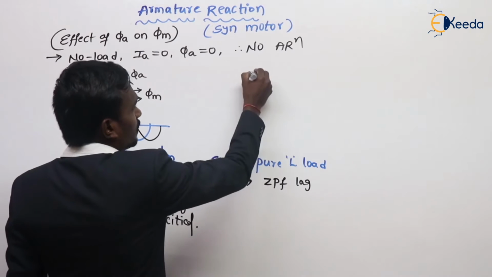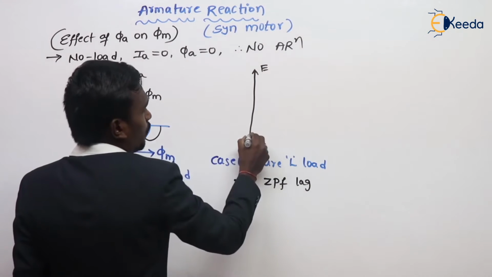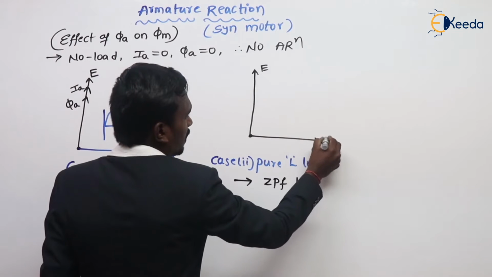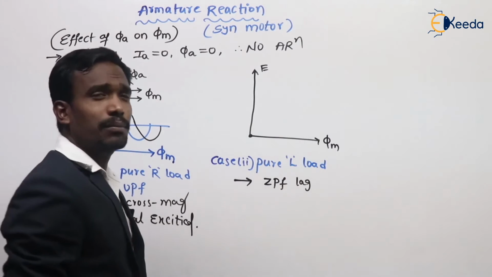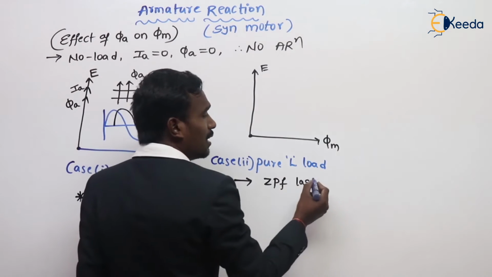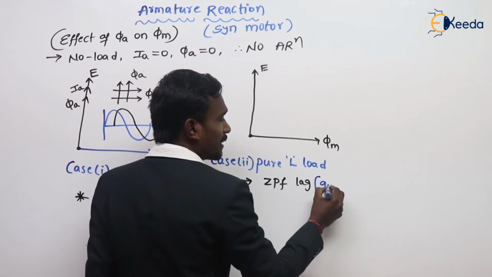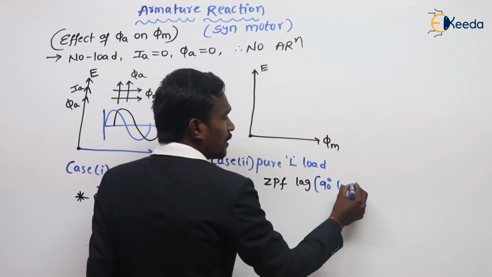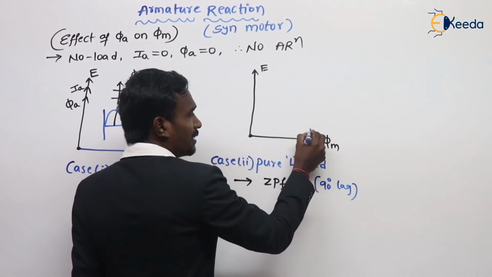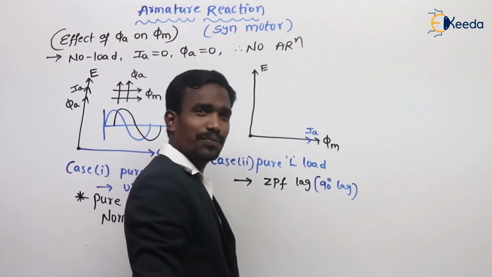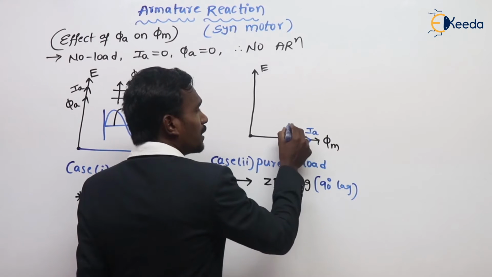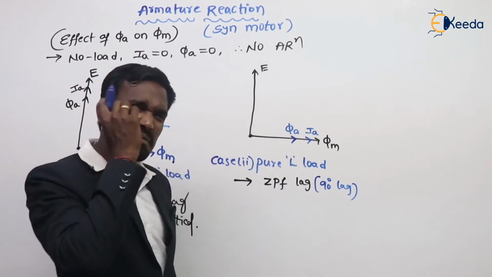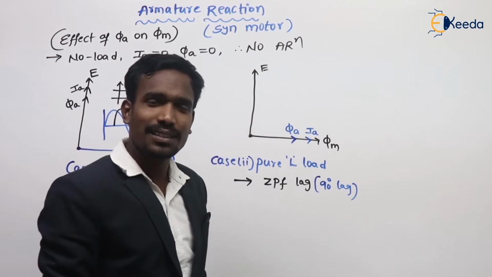If the EMF is here, our main field flux is here, and for pure inductive load, zero power factor lagging means 90 degrees lagging, so my armature current is here. If the armature current is here, the armature flux is also in the same direction.